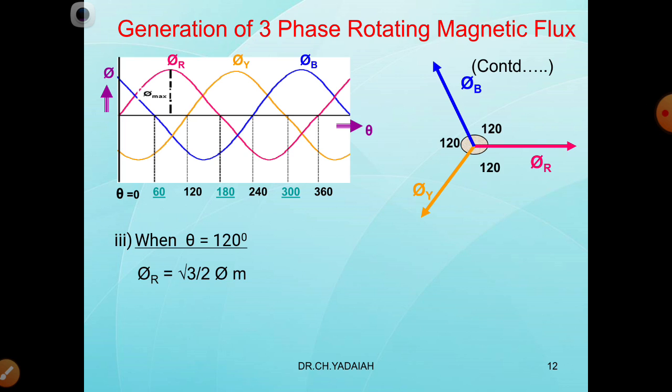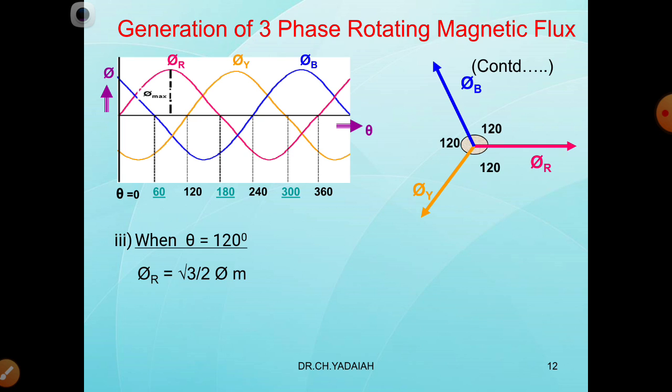Cos 30 is equal to how much? Cos 30 is root 3 by 2. So phi r is equal to root 3 by 2 phi m. So please students, remember that the magnitude is only 86% always, but the direction changes, whether it's a positive direction or negative direction. Okay.